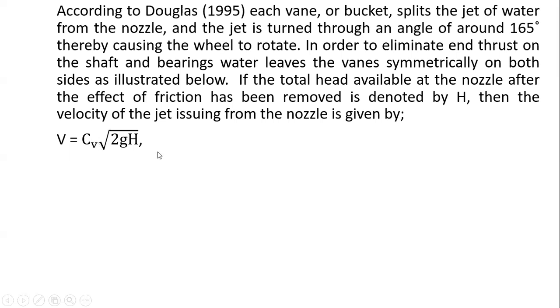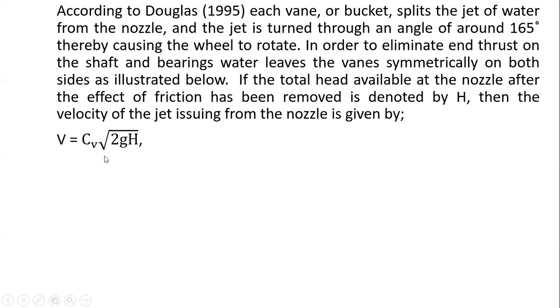This is a very common formula, which I think comes from Torricelli's theorem. There are some cases where the coefficient of velocity may not be provided, meaning you're just dealing with a theoretical velocity, and you can still go ahead and use it like that.